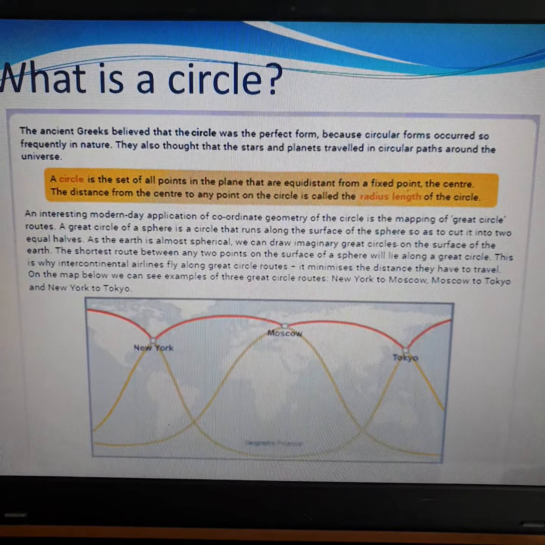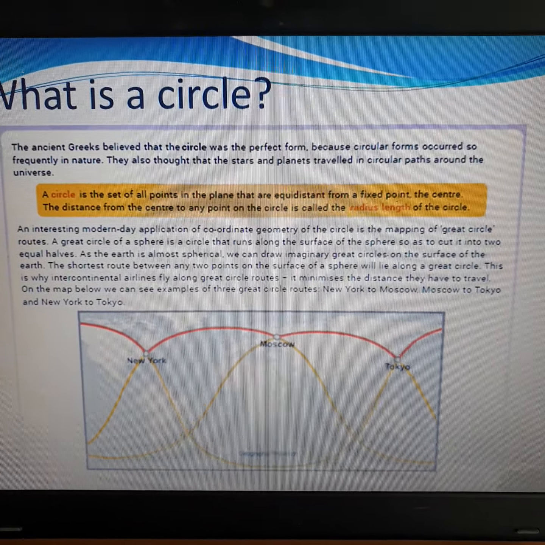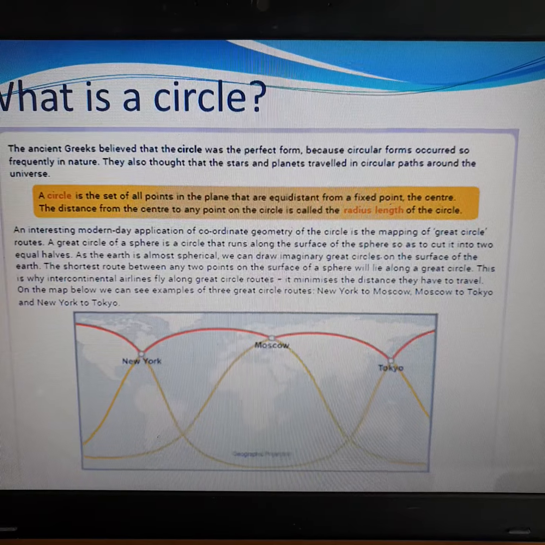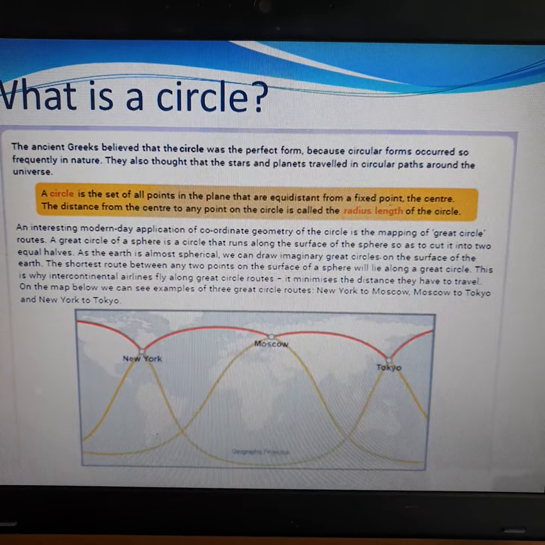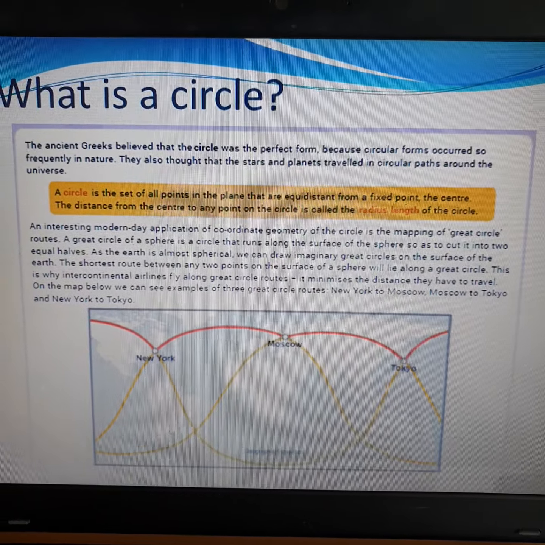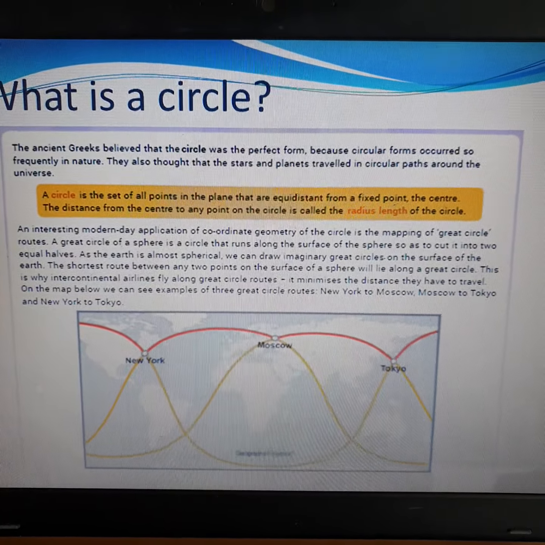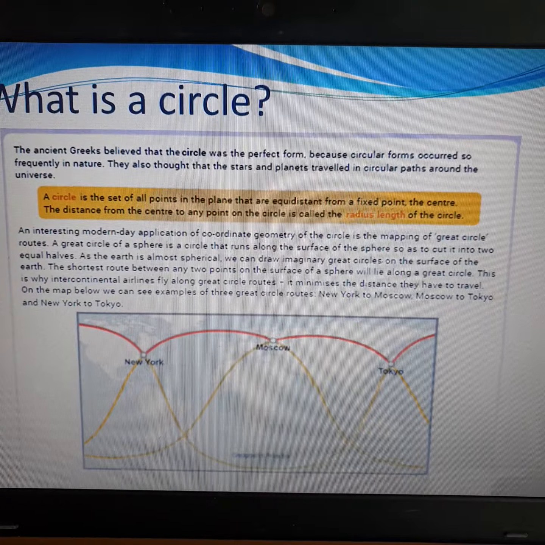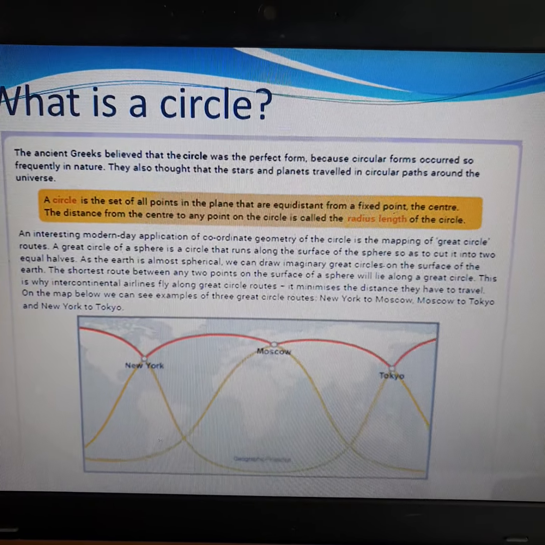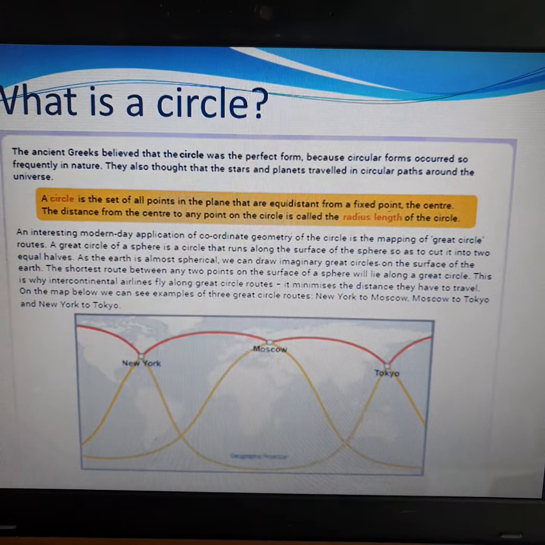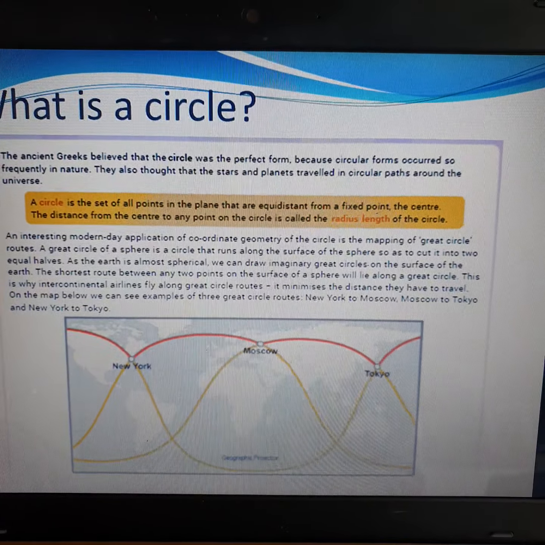An interesting modern day application of coordinate geometry of the circle is the mapping of great circle routes, like we can see below in the picture, New York, Moscow, Tokyo. A great circle of a sphere is a circle that runs along the surface of the sphere so as to cut it into two equal halves. As the Earth is almost spherical, we can draw imaginary great circles on the surface of the Earth. The shortest route between any 2 points on the surface of a sphere will lie along a great circle.